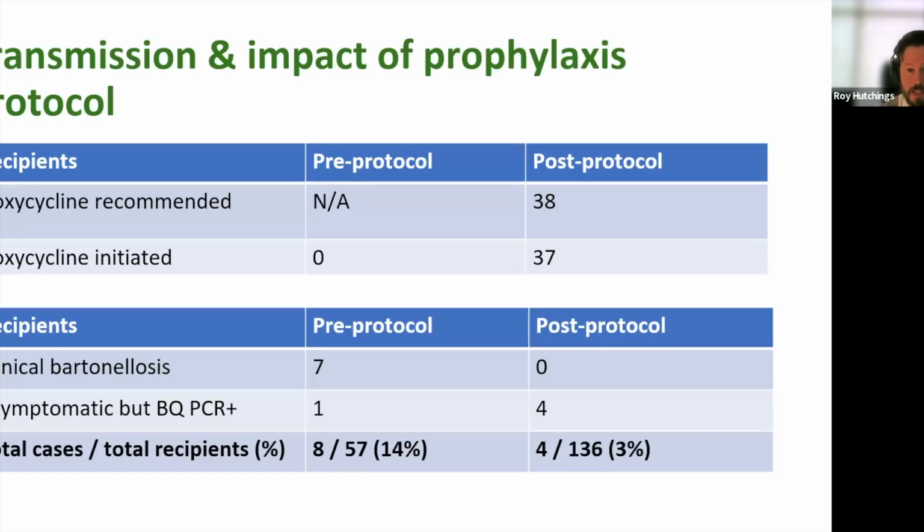So what I take away from this is that Bartonella is still being transmitted in the post-protocol period, but patients taking prophylaxis aren't developing disease even though they were PCR positive before prophylaxis.